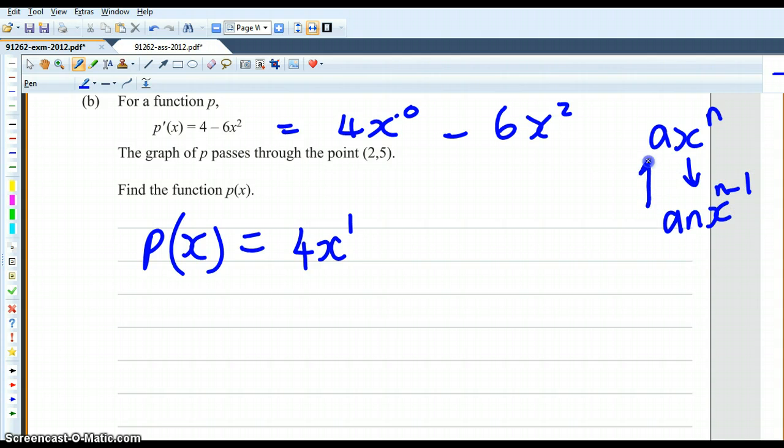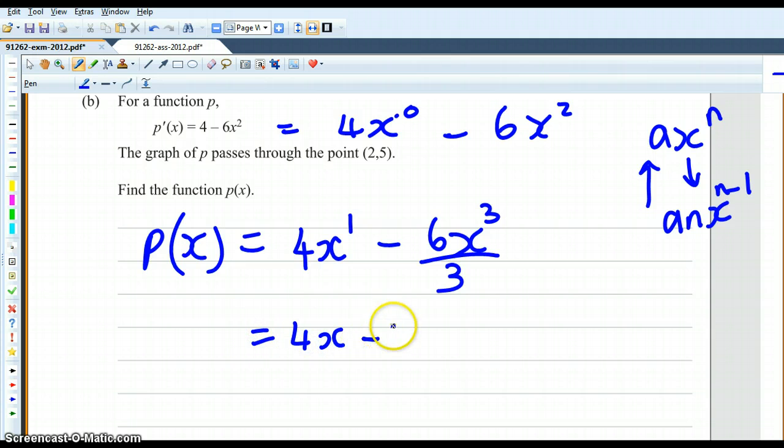To go the other way, I'm adding 1 to the power and dividing by the new power. So I'm adding 1 to the power to get x to the 3, divide by the new power, leave the 6 there, and so that's 4x minus 2x cubed.